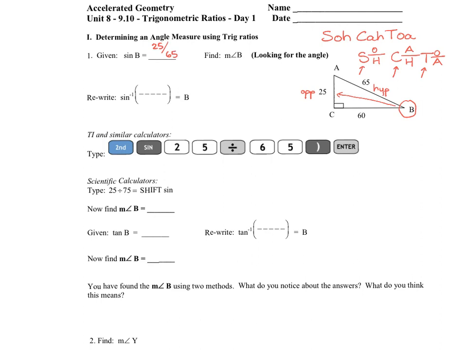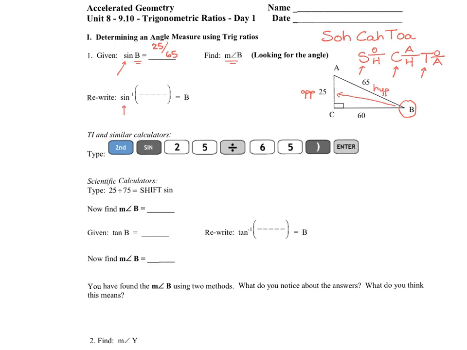If I want to find the measure of angle B, so now I'm looking for that actual angle measure, we'll rewrite with what are called inverse trig functions. So if I want to get angle B all by itself, I need to get rid of that trig function. We get rid of trig functions by using inverse trig functions.